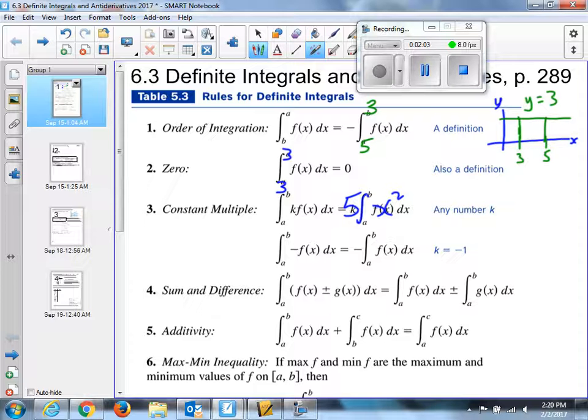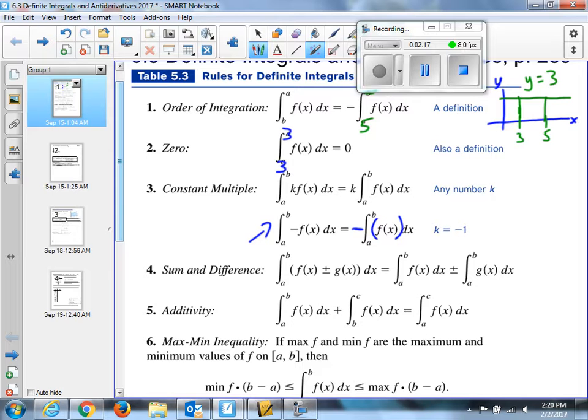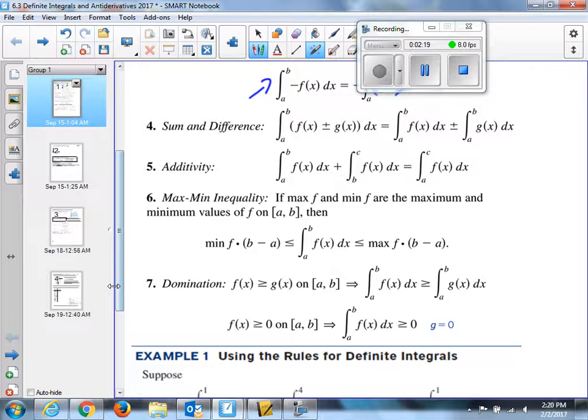Does that make sense? Constant multiple. Okay? And same with negative signs. If you have a negative sign that you could factor out of an expression, you could put it outside here and then just take care of it. Maybe it's easier to think about. That's really just a variation of something we saw before with negative areas under the graph, under the axis.